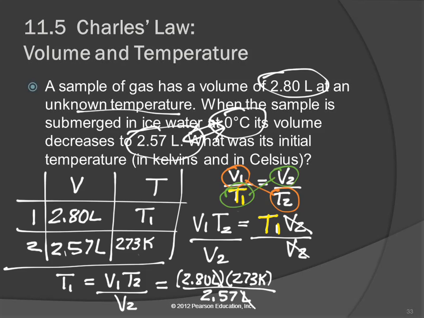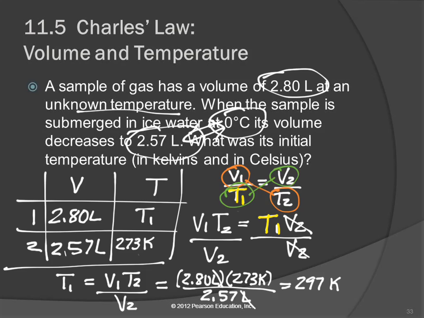So 2.8 times 273 divided by 2.57 equals. Now, how many significant figures should that have? It should have 3. And what's the unit on that? Kelvin. So that's the temperature in Kelvin.